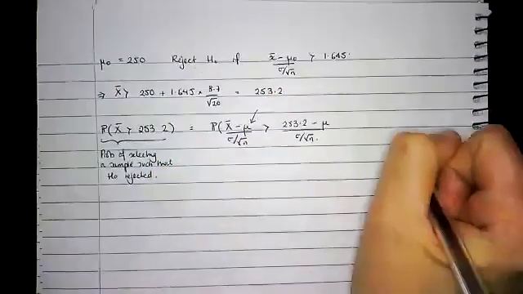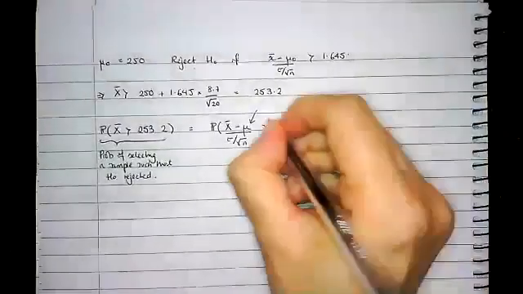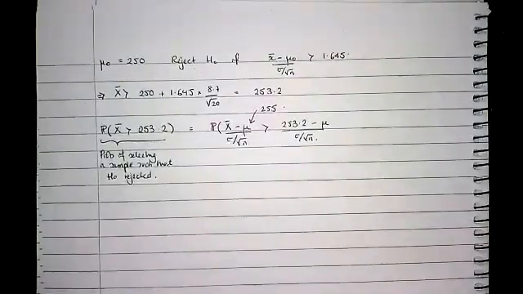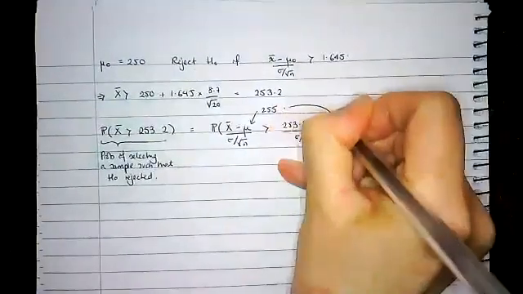And I've been told in the first instance to use 255, so I use the actual mean in there.